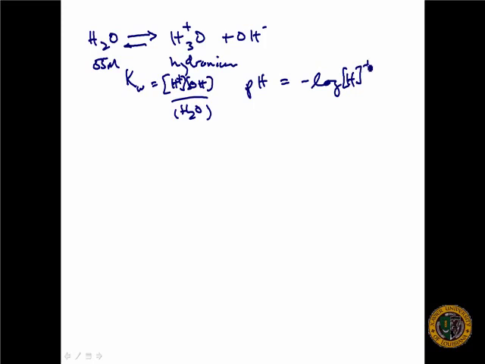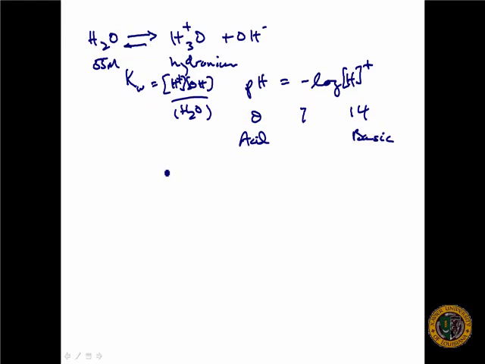Of course, 7 being a neutral solution, 14 being basic, and of course 0 being acidic. And so this convention now is used in determining the hydrogen ion concentration in a solution.